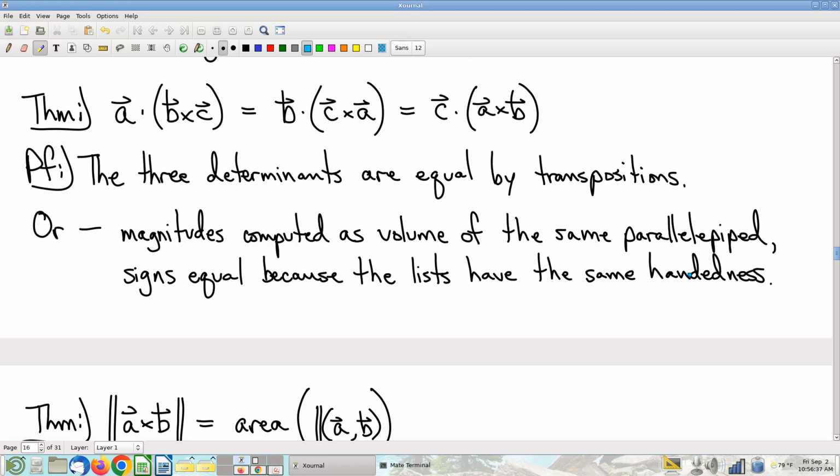Okay, next fact. Triple products are kind of what you might call cyclic. You can do that same move where you take the vectors and move everything over to the left, and of course the other one has to go around to the other side. You cycle the order, and triple products are always the same. Now again, you can punch this up with pure algebra. Just take a deep breath and plow through it.